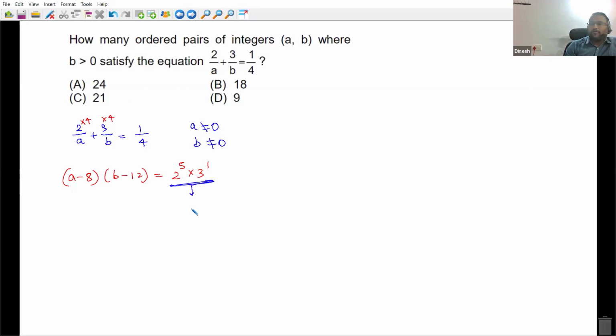Over here, the number of factors is equal to 5 plus 1 into 1 plus 1. That is equal to 12 factors, everyone. But here you need to solve manually now. It is given that the value of B should be positive.